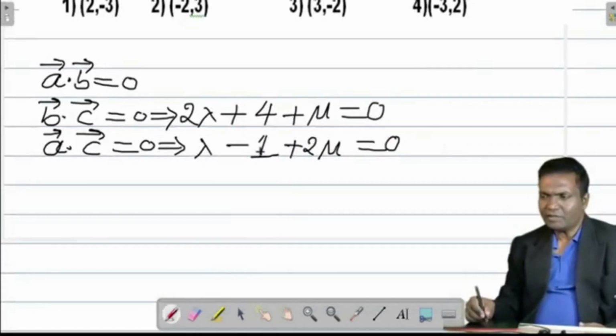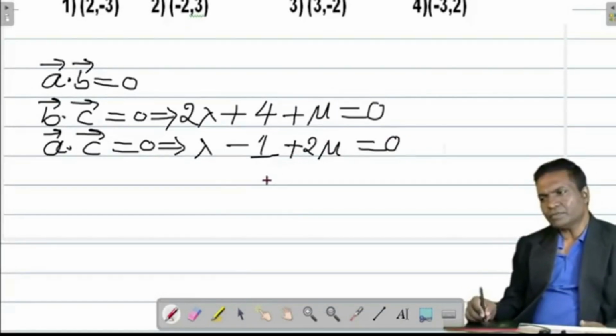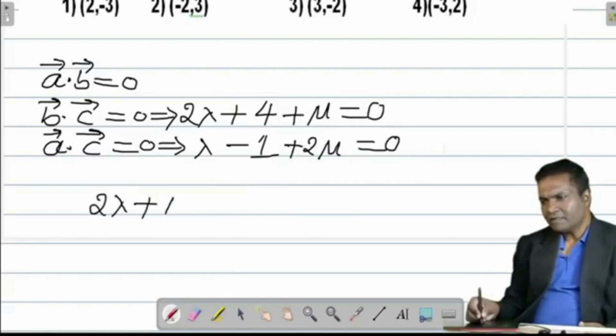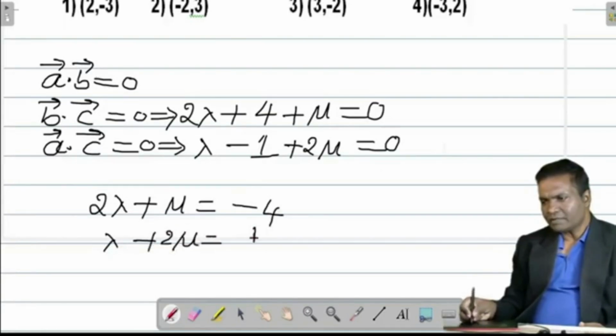Yes, now we need to solve these equations for lambda and mu, that is known to you. So consider 2 lambda plus mu equals minus 4, and lambda plus 2 mu equals 1.